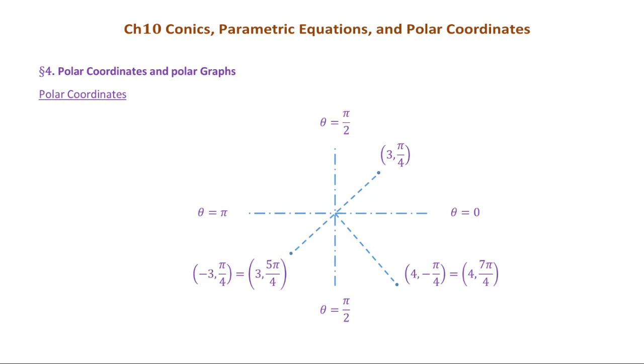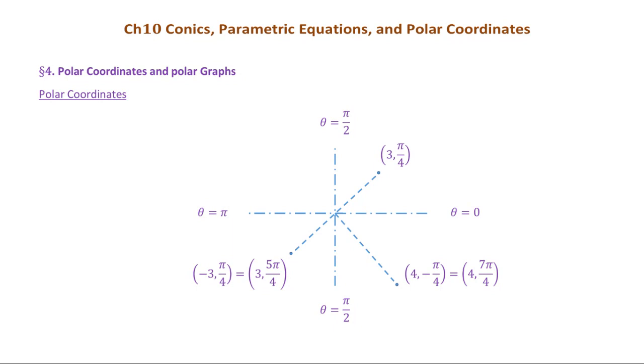In this case it is 45 degrees, so that's pi over 4 in radians. Remember how to convert between radians and degrees.